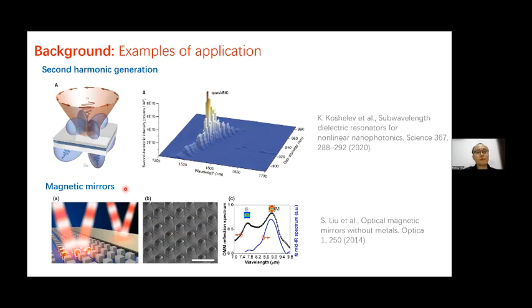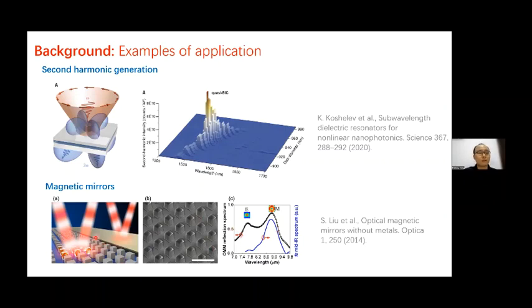Another example is a magnetic mirror. In this case, nanoparticles are arranged in an array, and the size and the structure of the array should be carefully designed, so that the magnetic dipole plays a very important role here.